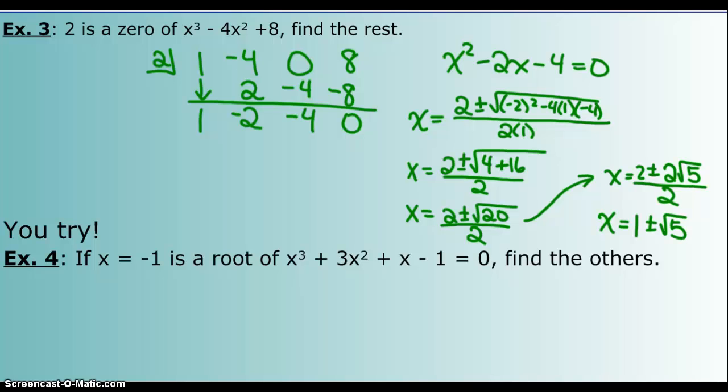And again, don't forget the original root of the 2. Take a second now, pause the video. You try number 4. So, when you finish this one up, your answer should be x equals negative 1 plus or minus radical 2, and of course, the negative 1.